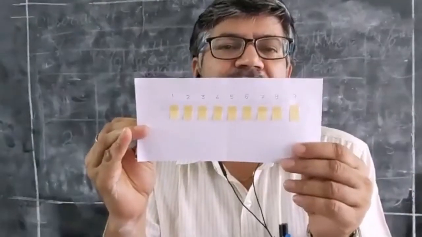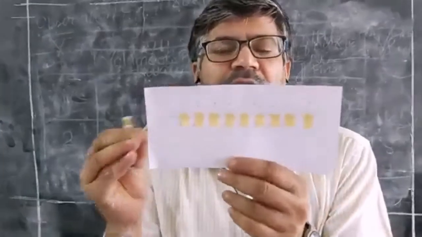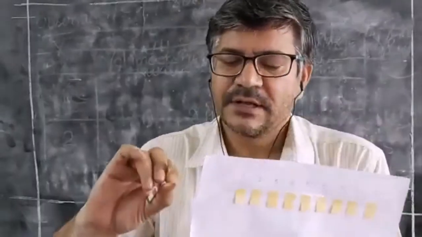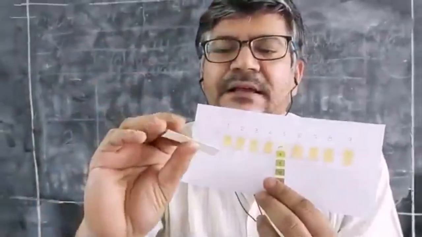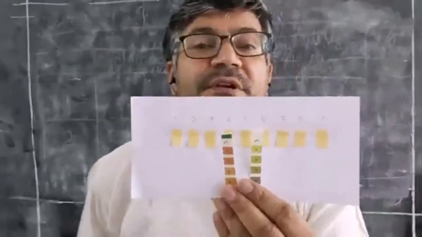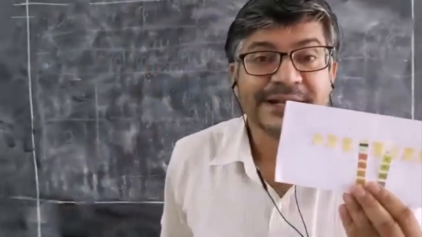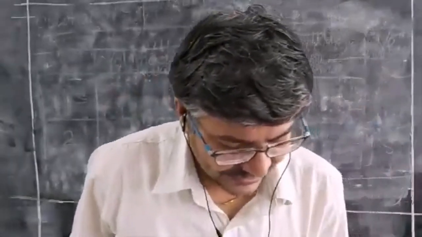Actually, they are just paper slips having chemical universal pH indicator, which is going to give color according to this scale. I have these two strips on which there are different colors indicating the pH of the solution under test. So let's start our test.